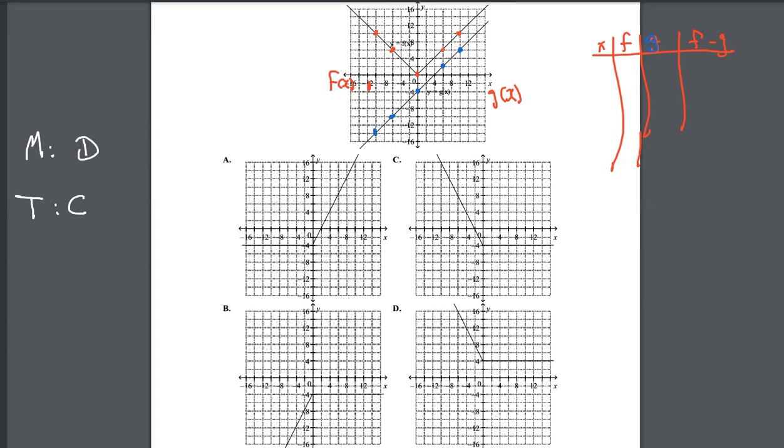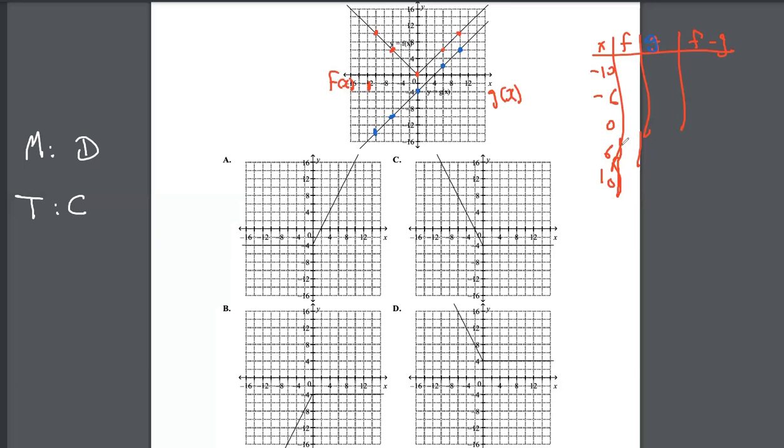I chose a few points. I don't have to do every point that there is. So for the x, they're scaling by 2's here. We chose -10 first: -10, -6, 0, 6, and 10.